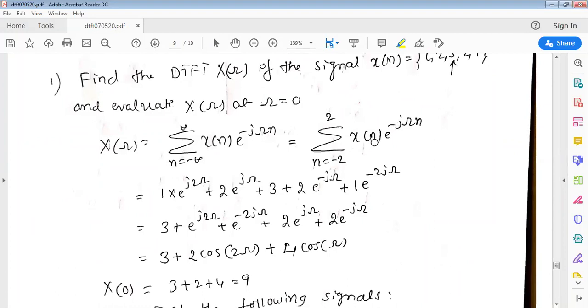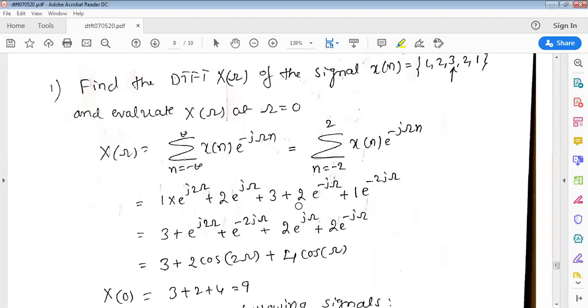So x of minus 2 is 1 into e power j omega 2. So put n equal to minus 2. Therefore, it will become e power j 2 omega. Next, x of minus 1 is 2 into e power j omega, that is e power j omega. Plus x of 0, n equal to 0, therefore x of 0 is 3 and e power j0 is 1.